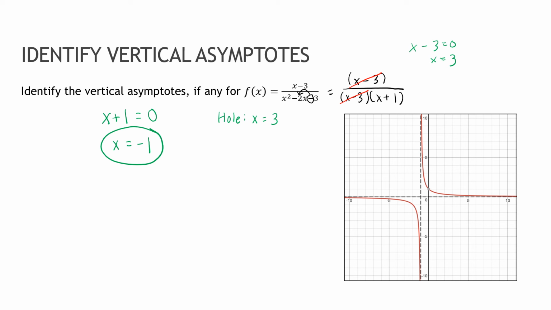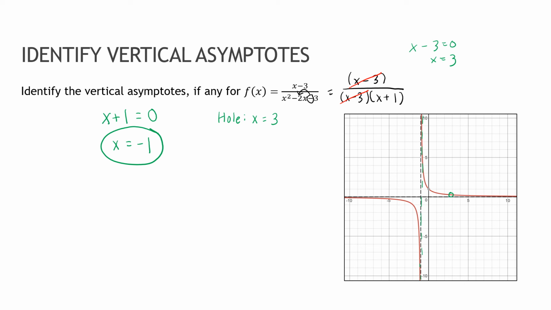On your graph, x equals negative 1 is, as we can see, an asymptote. X equals 3, and unfortunately Desmos doesn't show holes very well because they're so small, but essentially, if I were going to graph that, it would just be an open circle at the 3, basically saying, if I plug in a 3, it doesn't work, but everything around that does work and has sort of a pattern to it.